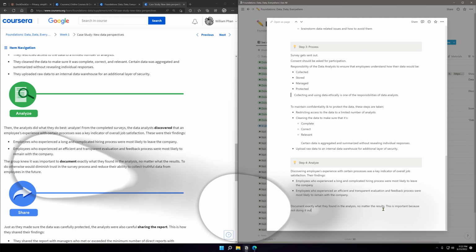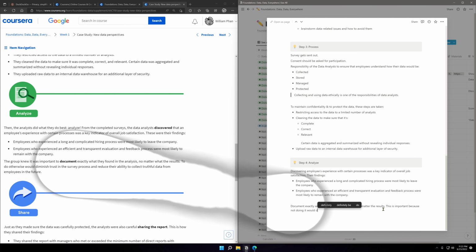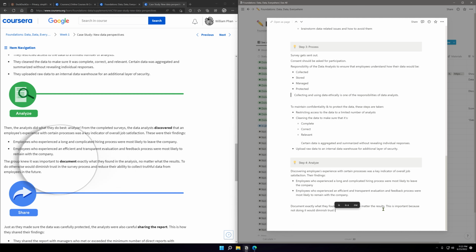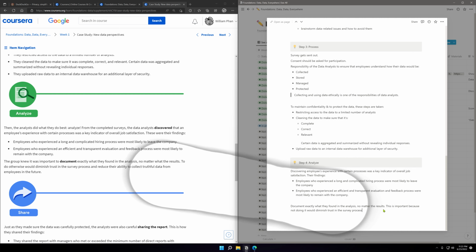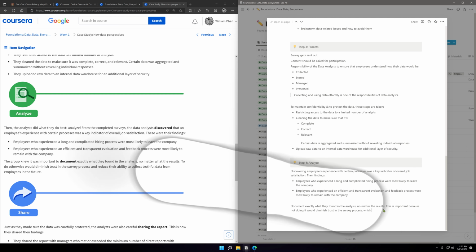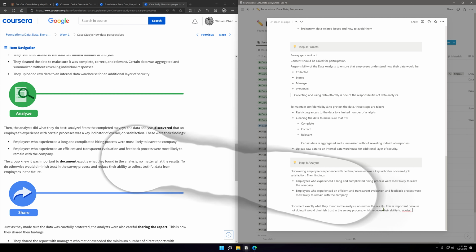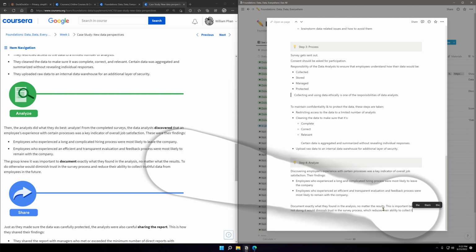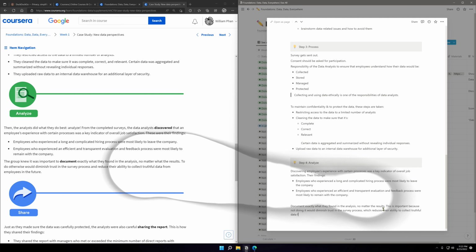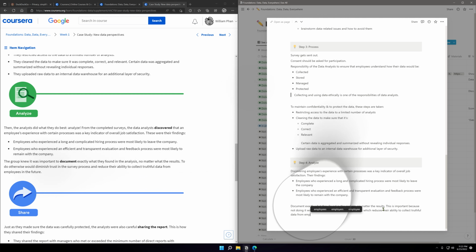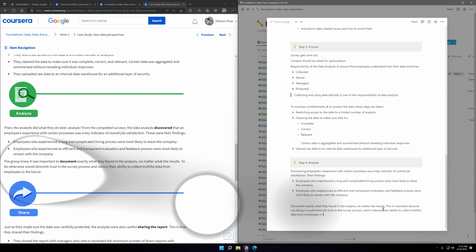Doing it would diminish trust in the survey process, which reduces their ability to collect truthful data from employees in the future.